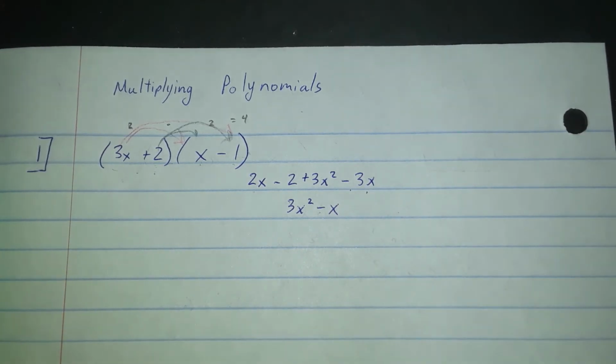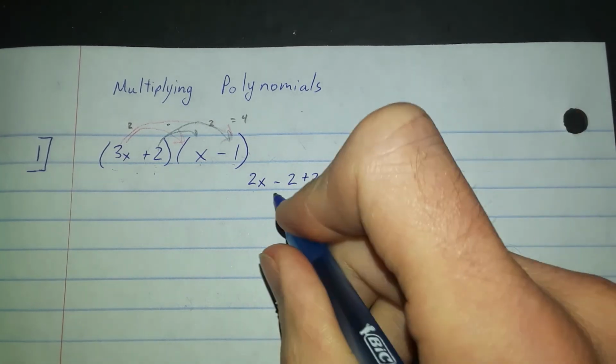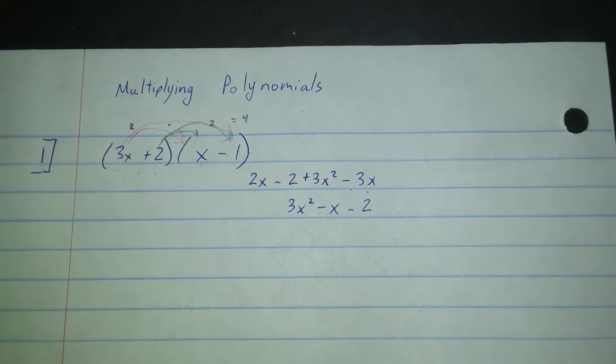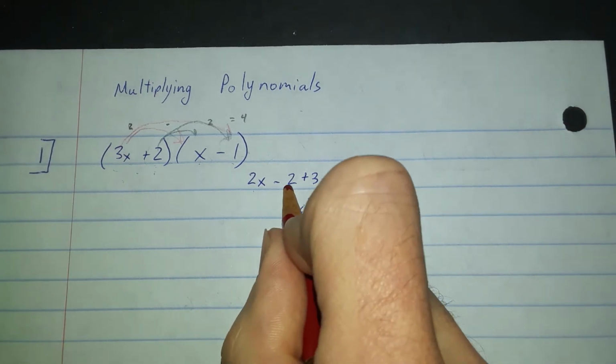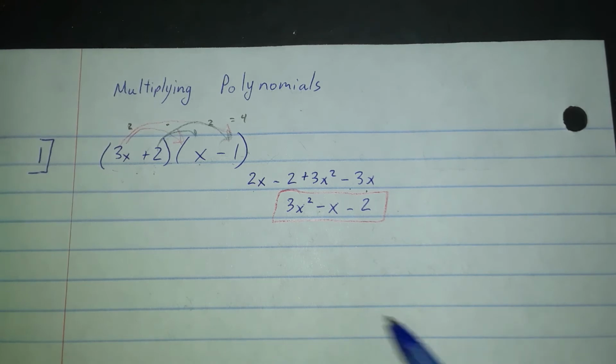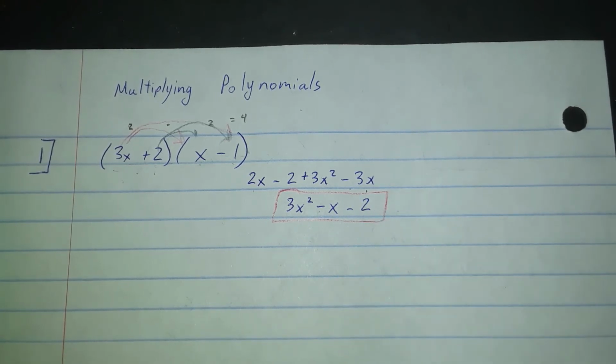I don't have to put the 1 there. And now my constant. I have -2, bring this negative with it. So this is my final answer. This is in standard form for polynomials, and all the like terms have been simplified.